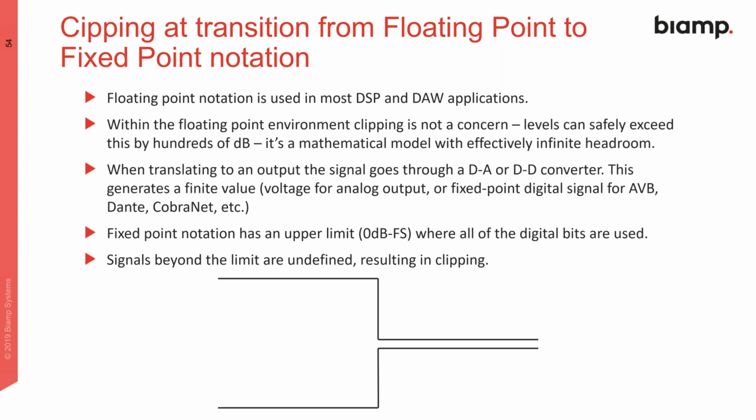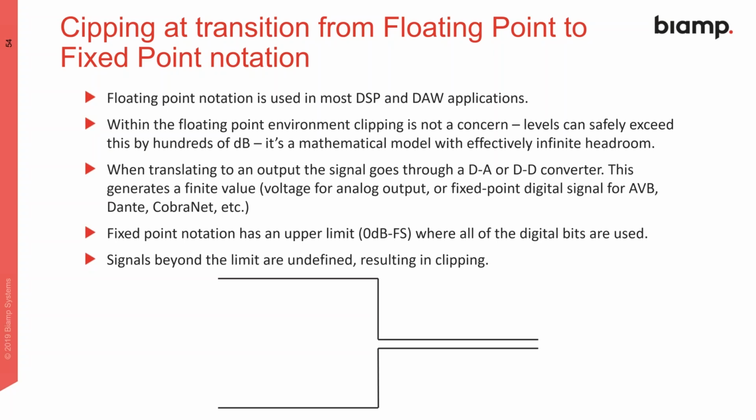At the output, we're going through either a D to A converter to an analog output, or a D to D converter to AVB, to Dante, to CobraNet. But it's going to transition from that floating point math value to a fixed point math value. And that's got a maximum threshold. It's got an upper limit. 0 dB full scale is the upper limit.